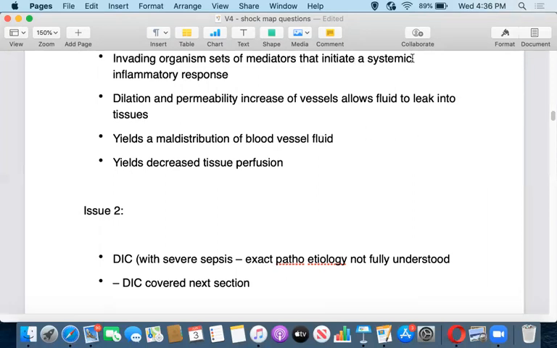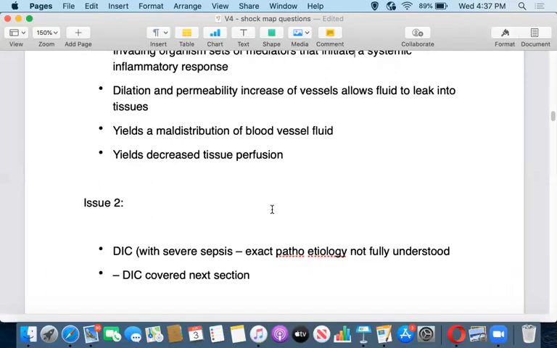But the bottom line, just so I can get it in there, the bottom line with DIC is that you've got widespread coagulation as well as increased bleeding risk. And you're going to wonder why that is. We're going to talk about that later, but that's what comes up with it. And we'll get more into that later.